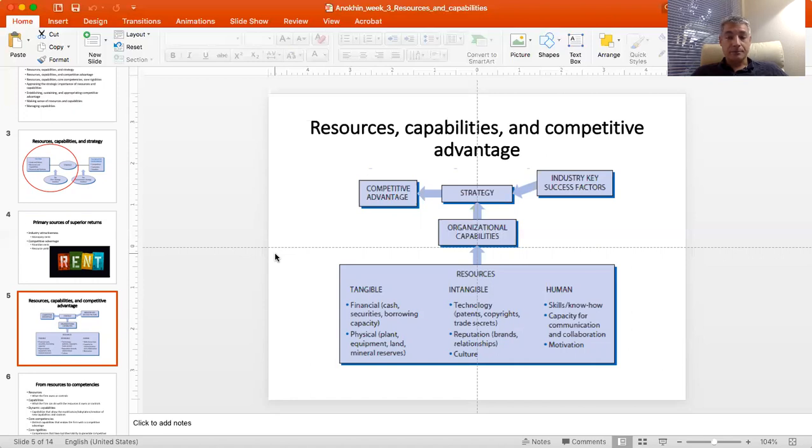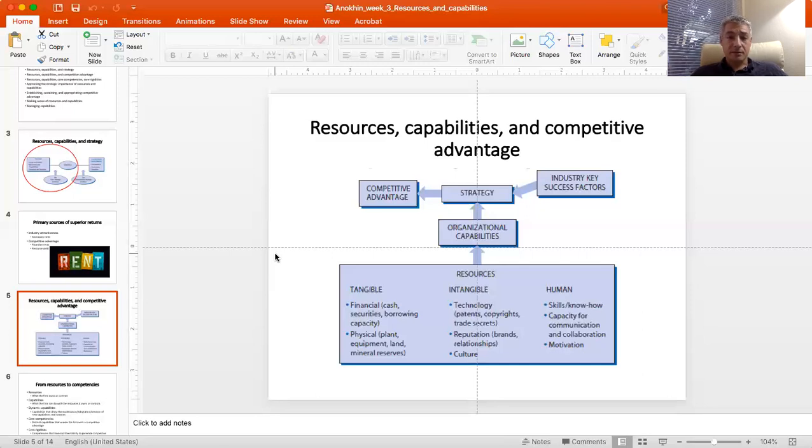And for many of them, there is no adequate way to value them. But here we are not necessarily concerned with their value. We're just concerned with being able to identify the kinds of resources that you have, because you would be deploying those to create your competitive advantage, as we'll discuss later on.